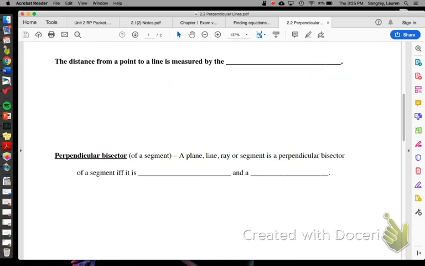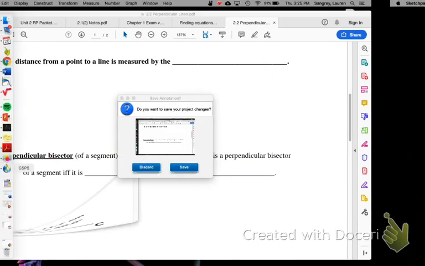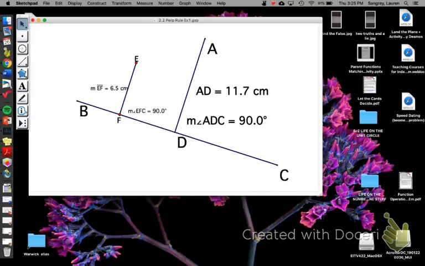So I actually want to show you this picture. So notice, if I look at point E and point A, and I want an accurate distance from those points to the segment BC that I have highlighted in green, I would want to connect the point to the segment with a right angle.